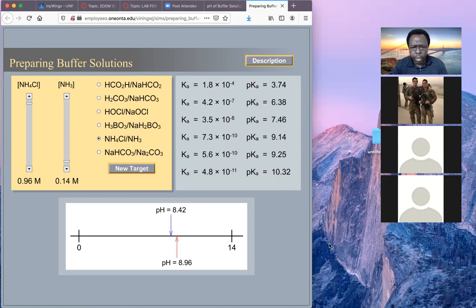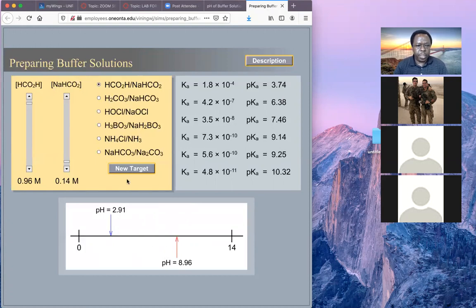So if it is 3.78, I think it is closer to this one. The reason I can't get it with this is because I'm trying to use it with a pKa that is way off. So if it is 3.78, the conjugate acid-base pair I need to use is right here. It is closer to the desired pH. Otherwise, if you don't adjust here, it's going to be very difficult to get the targeted pH.